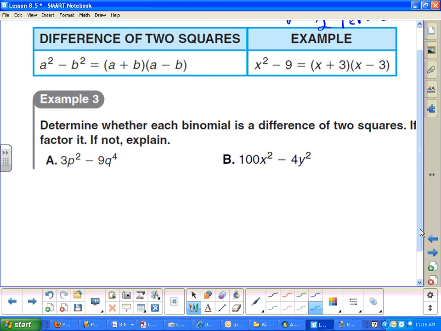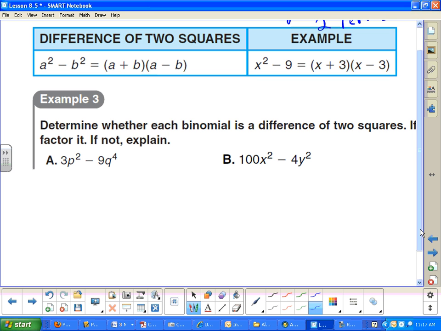So here we want to, first of all, determine whether these are the difference of two squares. And if they are, we want to factor it. Letter A, 3p squared minus 9q to the fourth. Is that the difference of two squares? Is 3p squared, is that a square?